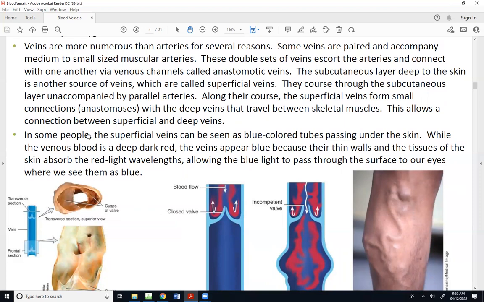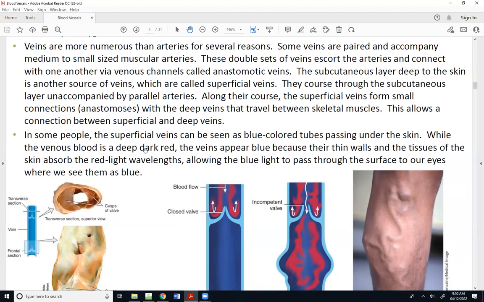Okay? And in some people, these superficial veins can be seen as blue colored tubes passing under the skin. Especially if you're fair complected, you're going to be able to see these on the back of your hand.